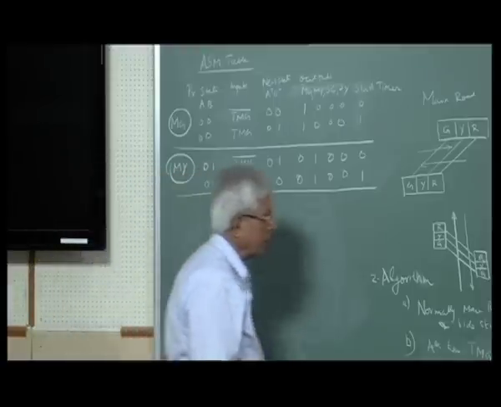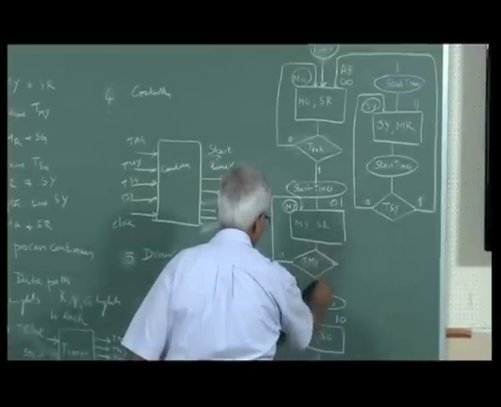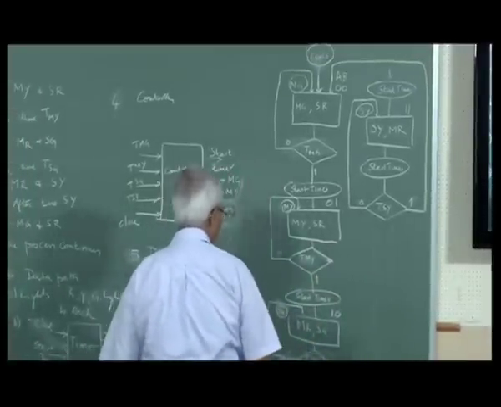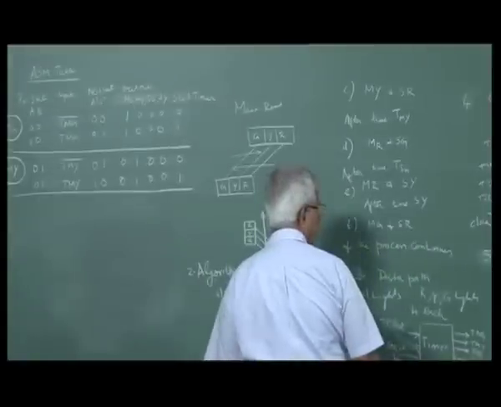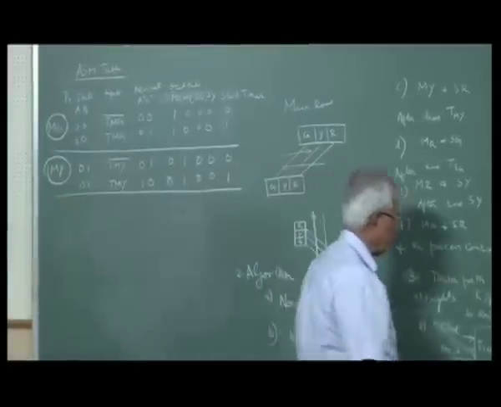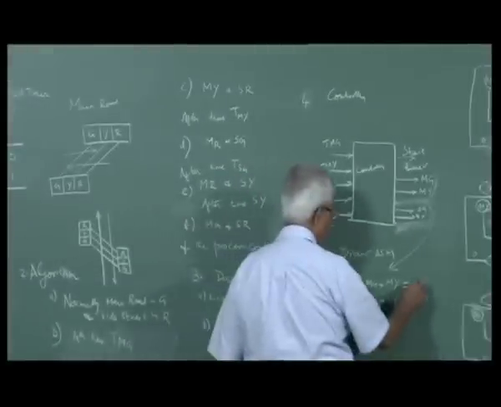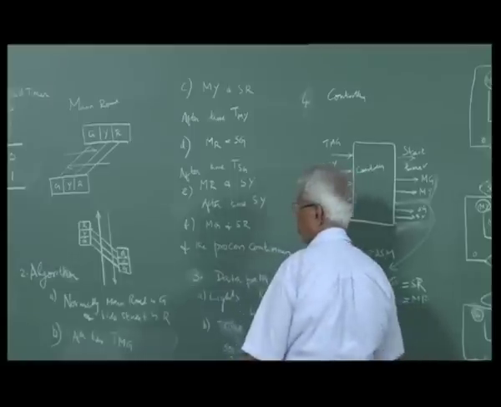So the MY state is taken care of. TMY is 0 or 1. TMY is 1, we start the timer. Output in TMY state is MY. SR, I already said it can be obtained using MG and MY. So it's enough if I get MG, MY, SG, SY. 4.